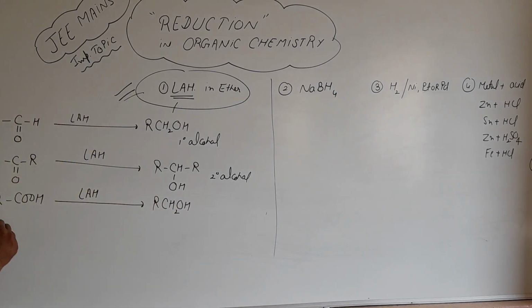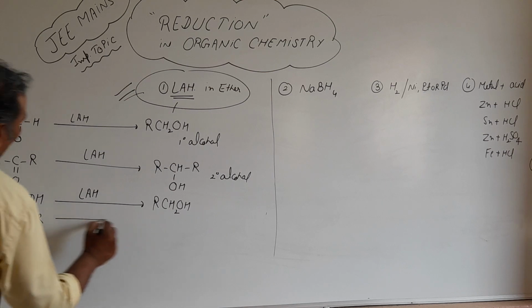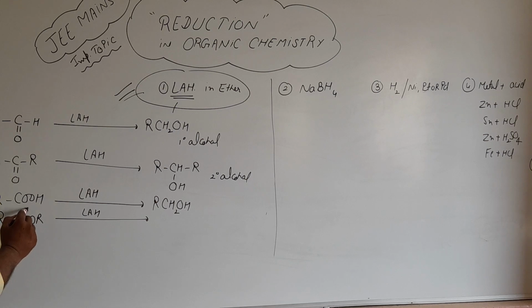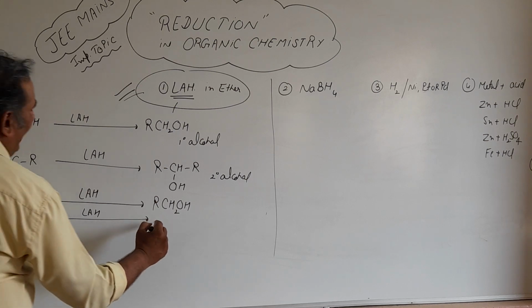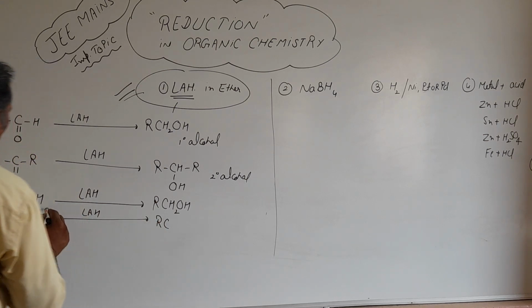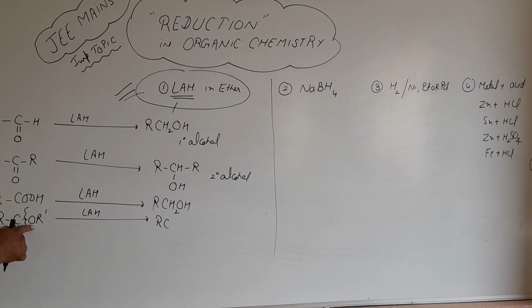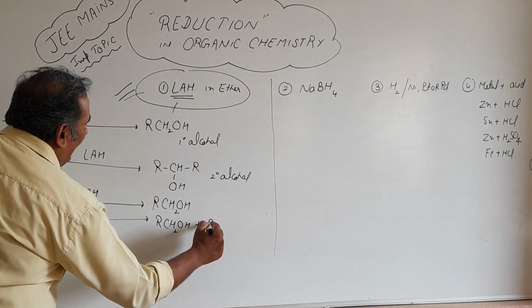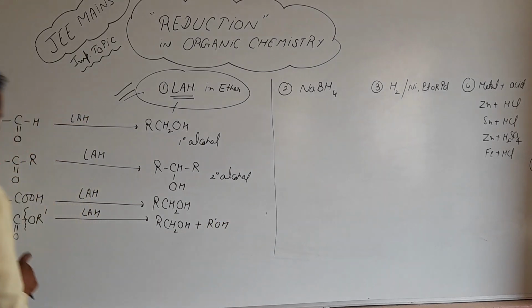If we are using ester, the ester in the presence of lithium aluminum hydride obviously gets converted into alcohol. Like RCOOR' as ester, our product will be RCH2OH plus R'OH. It will break the single bond between carbon and oxygen.